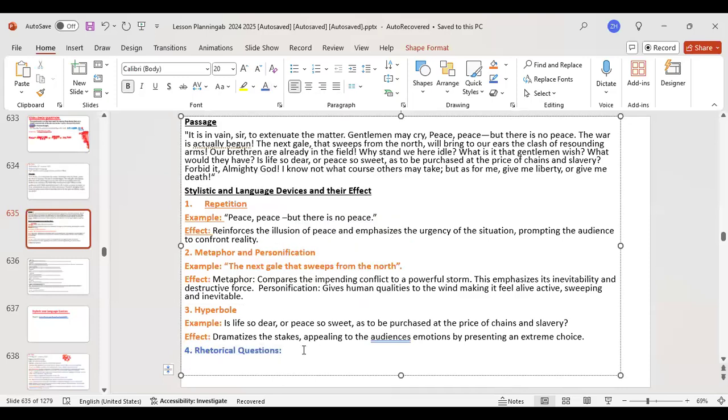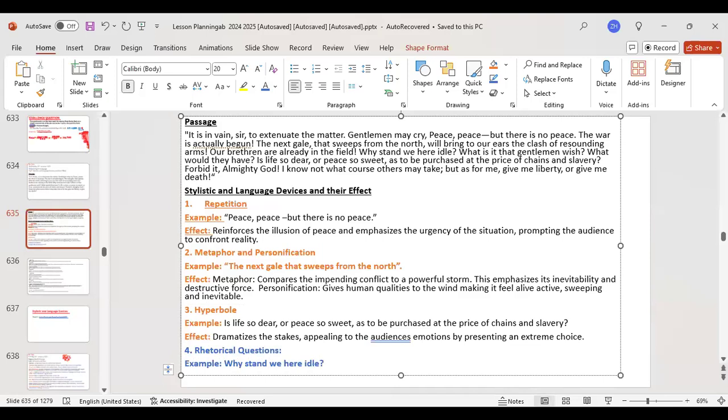The examples, we can find them littered all through this one. It's all over. He says, "Why stand we here idle?" What does idle mean? Doing nothing.